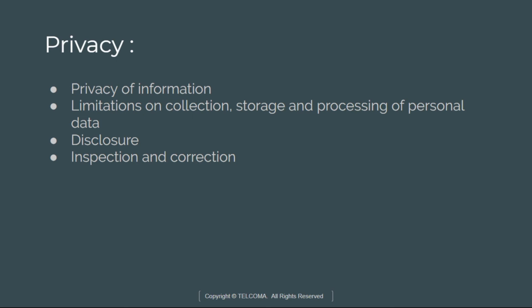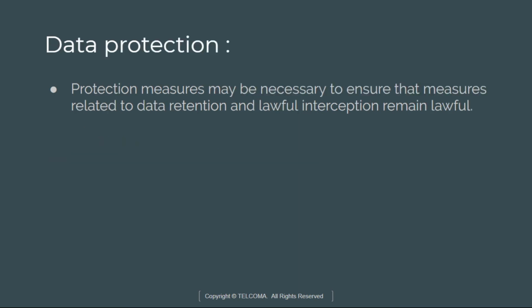The obligation of a network and service provider is to keep information concerning customers away from third parties. Under inspection and correlation, there is the right of the customer to inspect and correct information about himself which is stored by the service or the network provider. Then we have data protection.